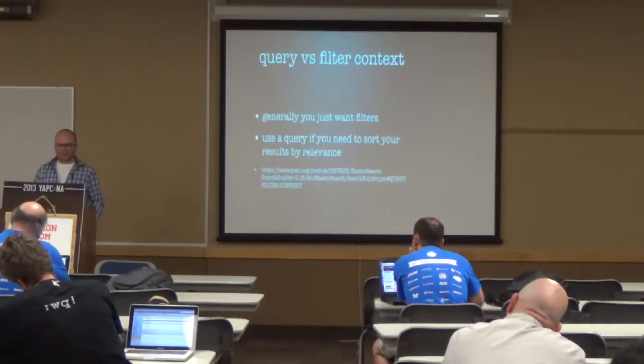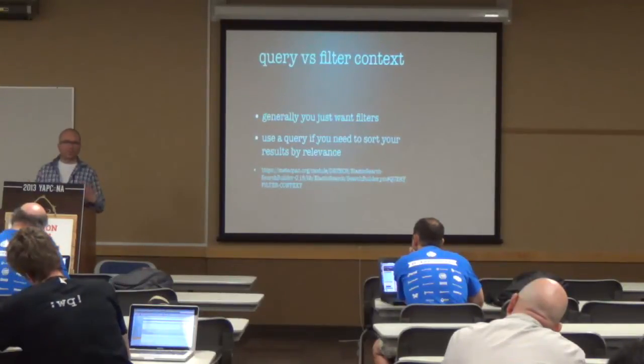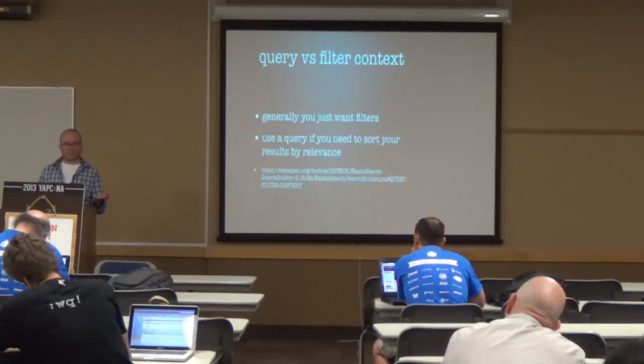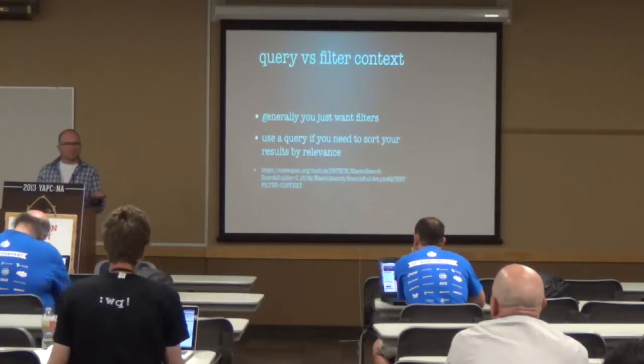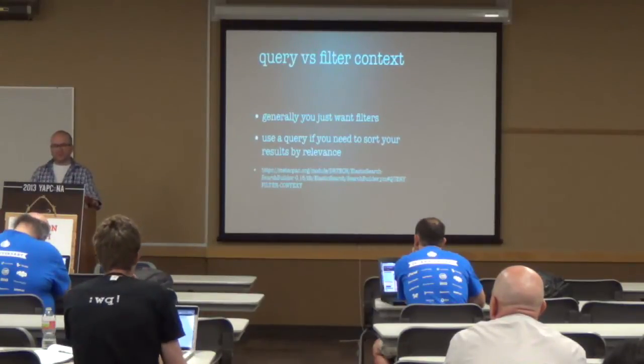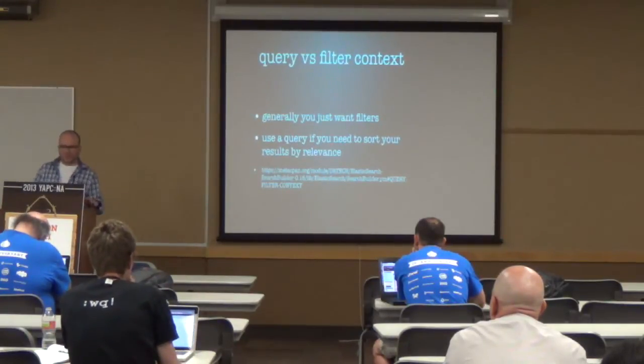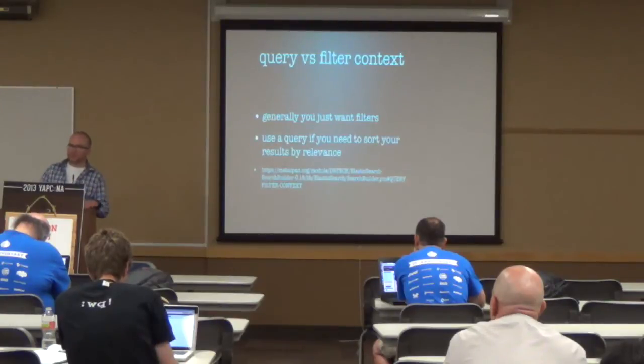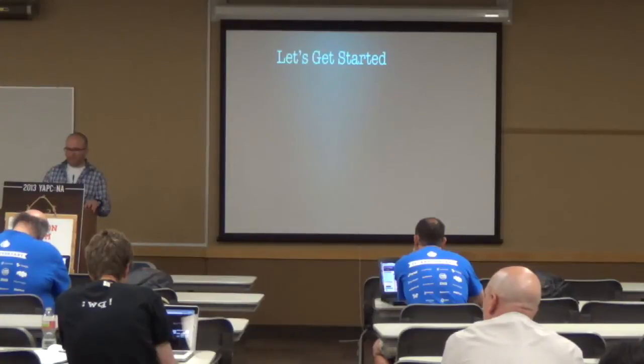Elasticsearch can search various fields, aggregate everything, and assign a score to things, and that's when you want to use a query. But for most stuff, you don't need it. Say if you're going to get all the distributions in CPAN, you don't need those sorted by any kind of relevance, so you just grab everything. Essentially, if in doubt, just use a filter. If you need to use a query, then you'll know it. The good thing about this is that filters will use considerably fewer resources because they don't need to perform the scoring. That will get you faster results, and it keeps the API faster for people as well.